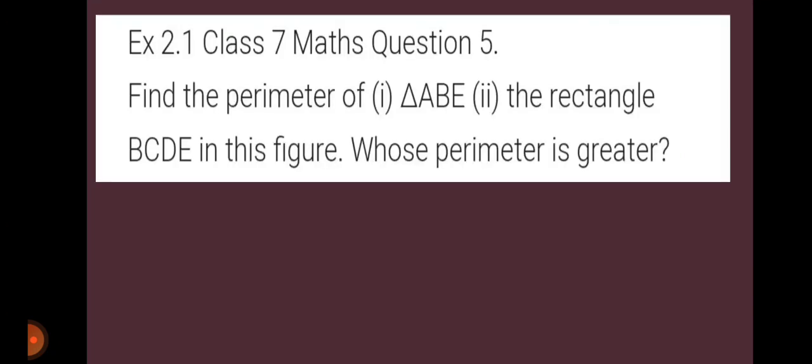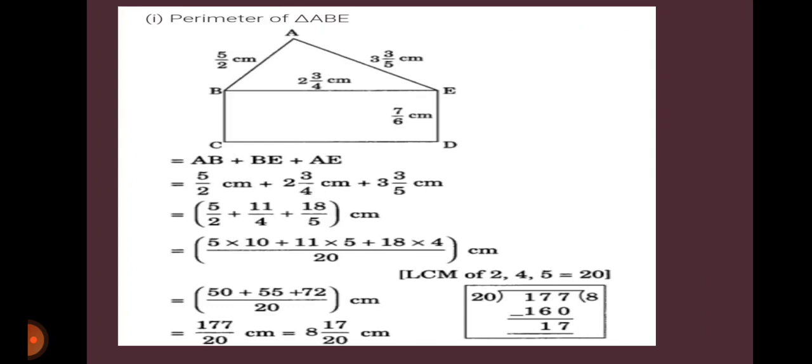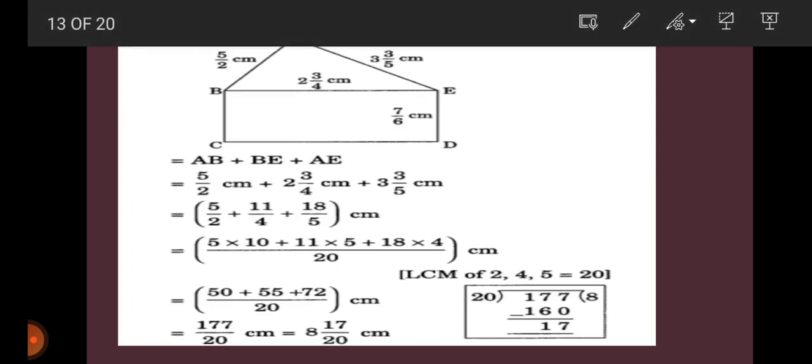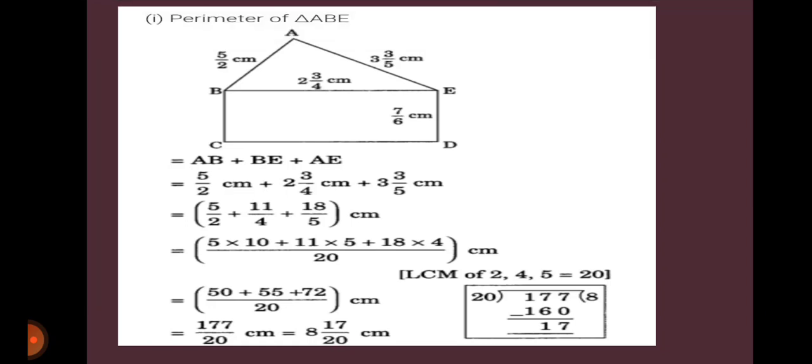Next is the perimeter of triangle ABC and the rectangle. Whose perimeter is greater? So here is a rectangle and a triangle. So first I found the perimeter of the rectangle and then the perimeter of the triangle. Okay, sorry, first I found the triangle.